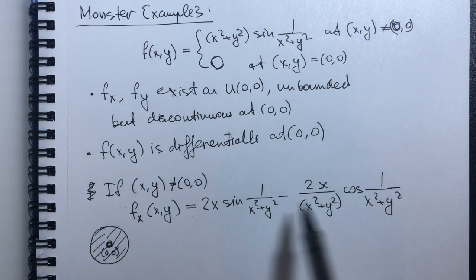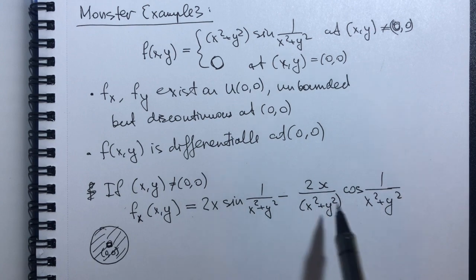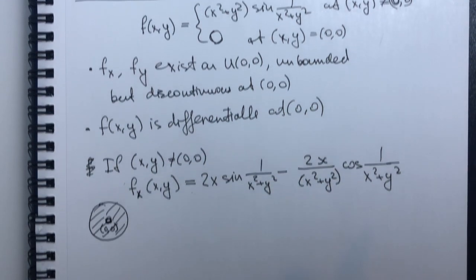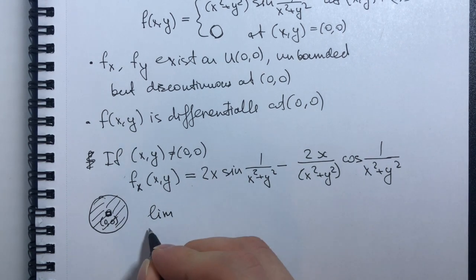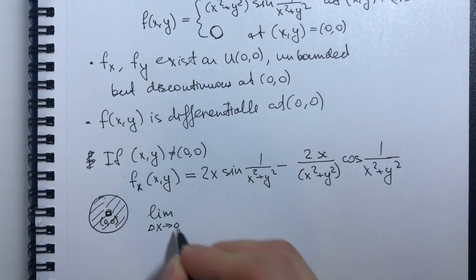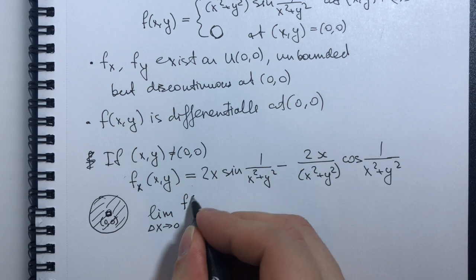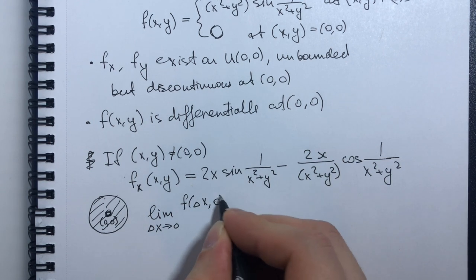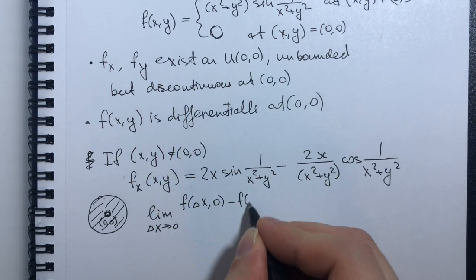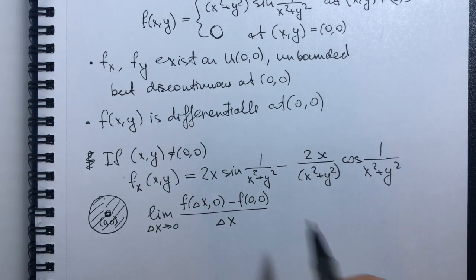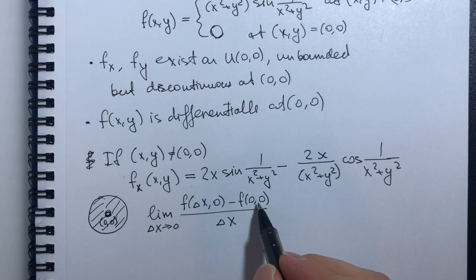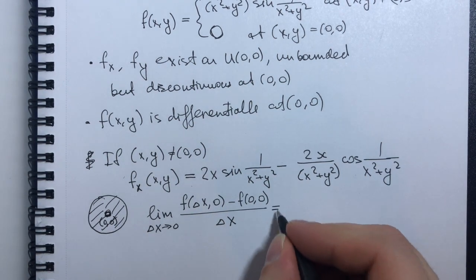Well, since this expression is not working, we need to use the limit definition. So we have to take the limit as delta x tends to 0 of f of delta x comma 0 minus f of 0, 0 divided by delta x, right? Because we are interested in this point specifically.